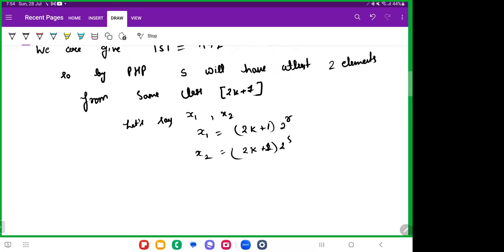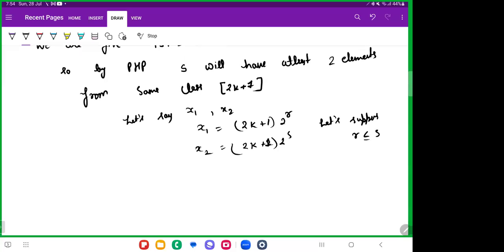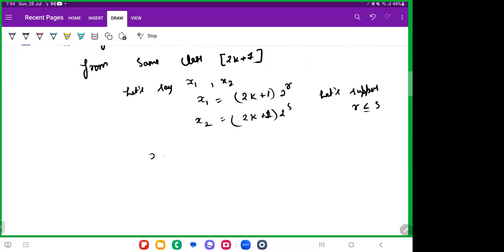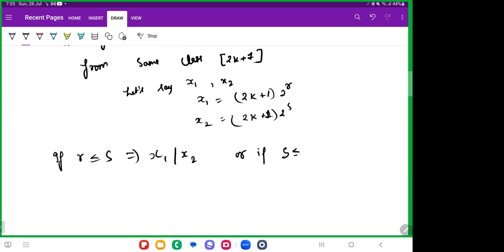So now suppose r is less than or equal to s, then it is clear that x1 divides x2. If the other thing holds, s is less than or equal to r, then x2 divides x1.